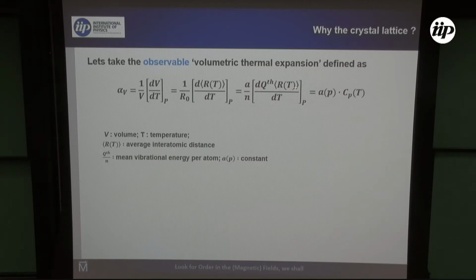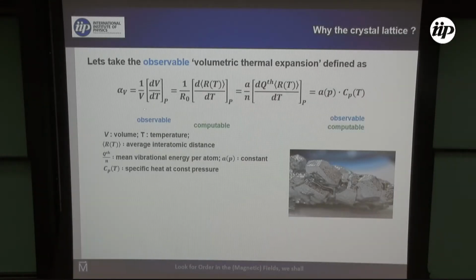That tells you the distance between atoms, and the derivative gives you the lattice thermal expansion, which in turn can be written in terms of the specific heat. So this is to show you that the lattice contains information that is well accepted in the community as a thermodynamic property of a material. You measure the lattice, you measure the thermodynamics.